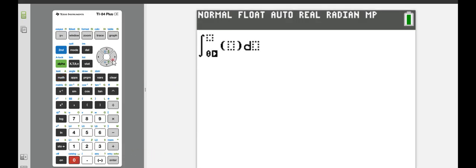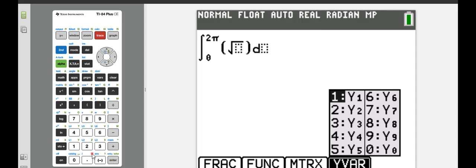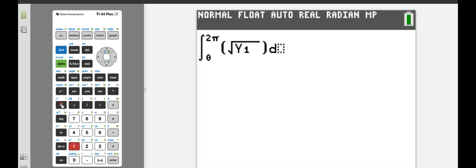So we're going from 0 to 2 pi, and we're going to put a radical, and then it has to be y1 squared, so we go to alpha trace, choose y1, which is number 1, square, plus y2, so alpha trace, choose y2, square, and then make sure you get out and choose x, and then press enter.